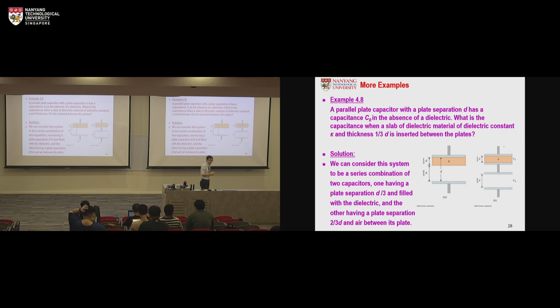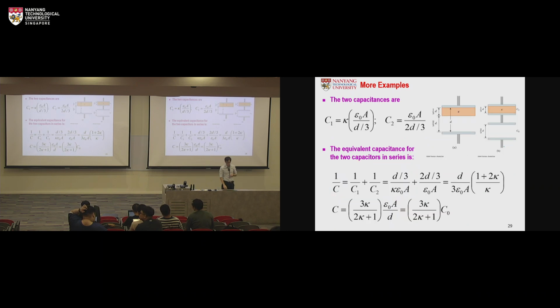Again, all you need to do is first figure out the capacitance of a single capacitor by considering this kappa effect. And then from here, you can continue to figure out the equivalent capacitance of multiple capacitors, like in this case, these two connected in series.